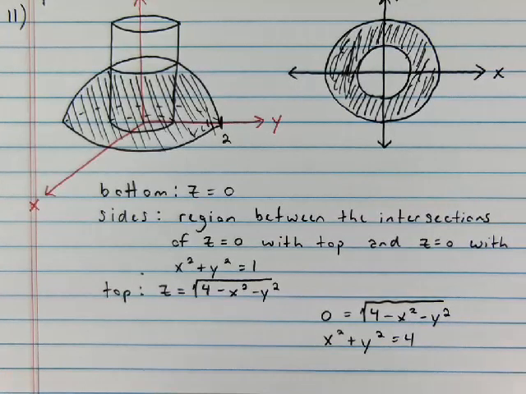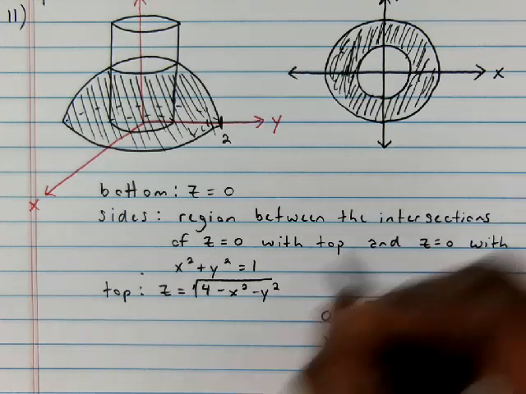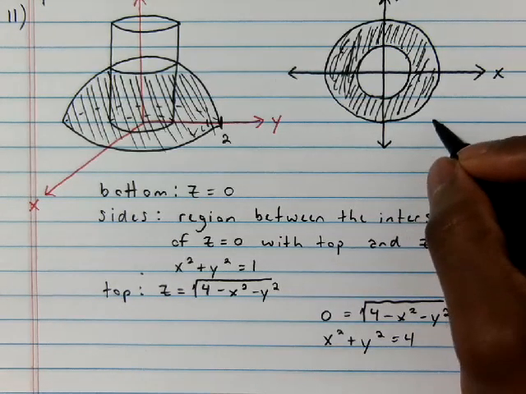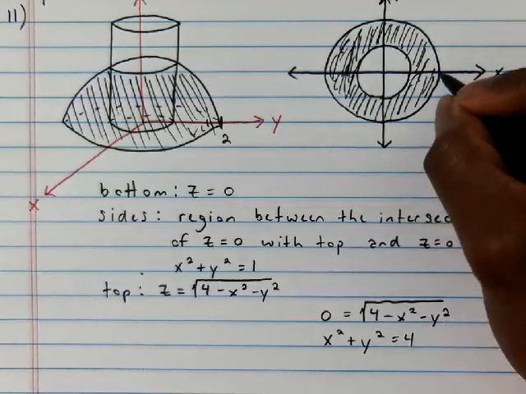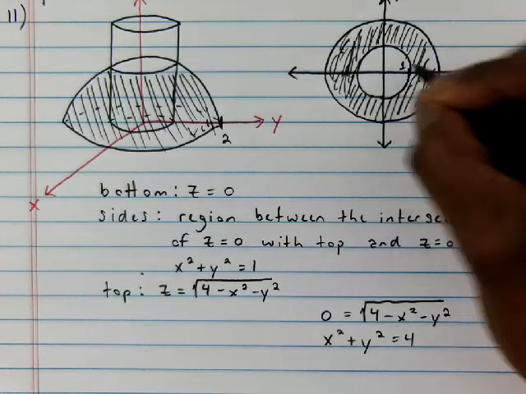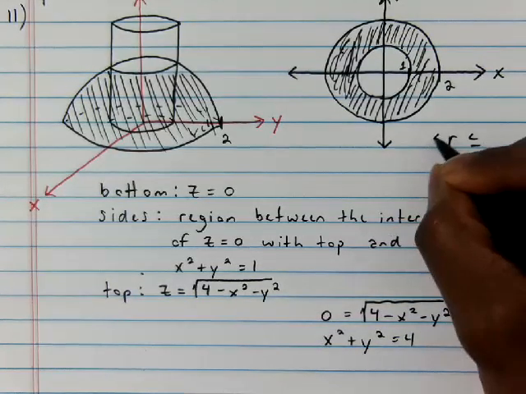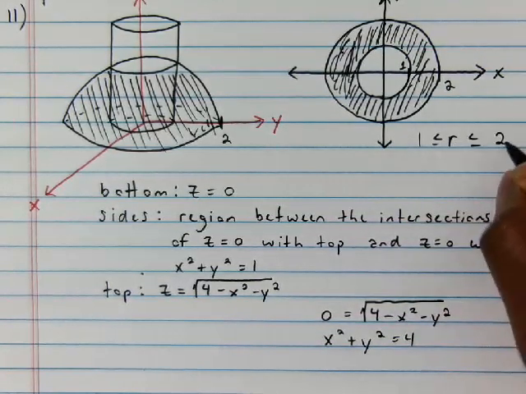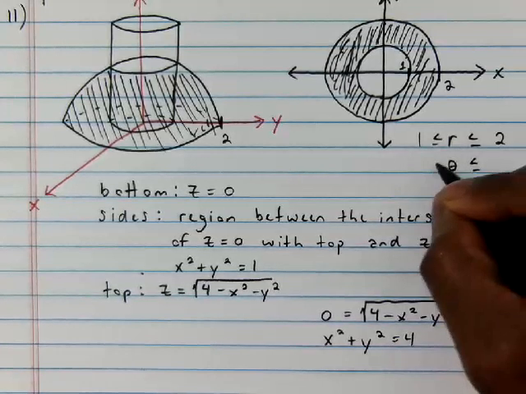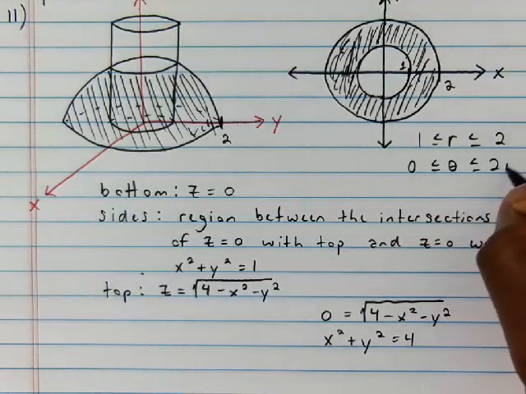All right, so now our region R. Remember, we want to do this in polar coordinates. So let's just label some things by our picture up here. So that's 2, that's 1 inside of there. So our r varies from 1 to 2, and our theta, because we're going around the full circle, varies from 0 to 2 pi.